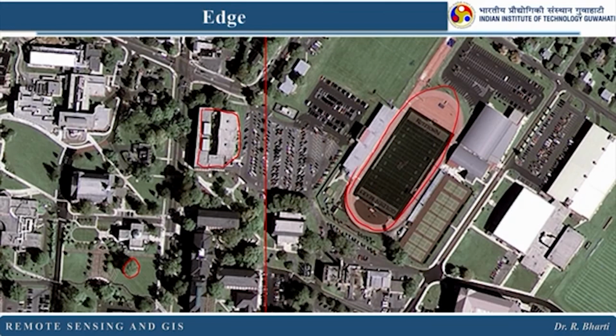So all these things we can easily count or we can easily compute the area. Why? Because we are able to perceive the edges. So in visual analysis, it is very easy when your data is of high resolution. High resolution means high spatial resolution I am talking about, right?